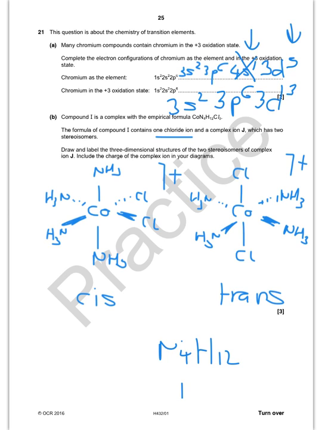N4H12 works out quite nicely as 4 ammonia ligands. You know one of those chloride ions is going to come out, so that means you've got 2 chloride ions combined to the cobalt. And as you know, if you've got that sort of arrangement of ligands, you can have a cis isomer where the chlorides are together and a trans isomer where they are opposite each other.